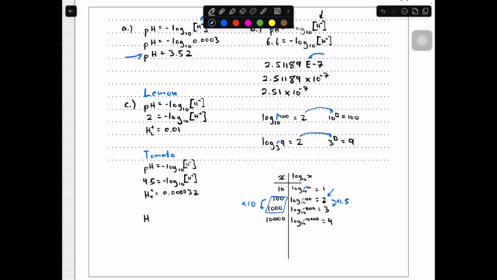Well, it's H plus of the lemon over H plus of the tomato, which in other words is 0.01 over 0.0000032. So I'm going to work that out in the calculator beside me. 2, 3, 4 zeros. Okay. So it is actually 312.5 times stronger.